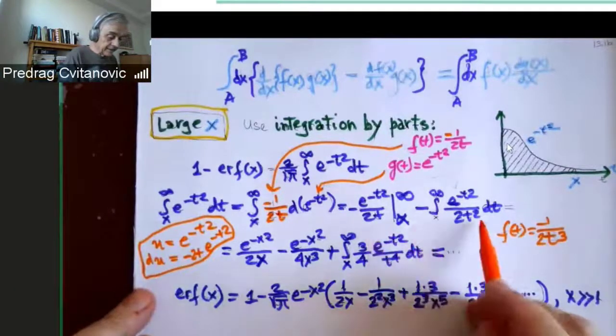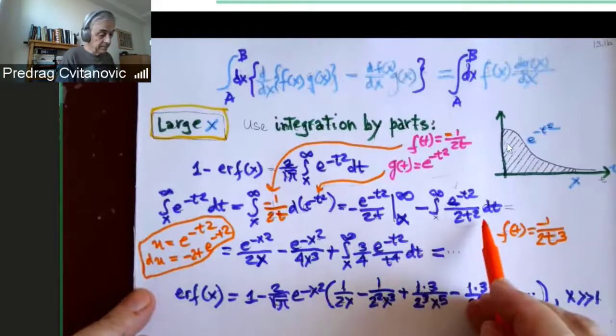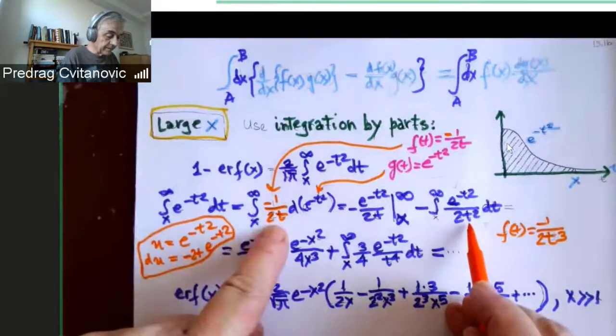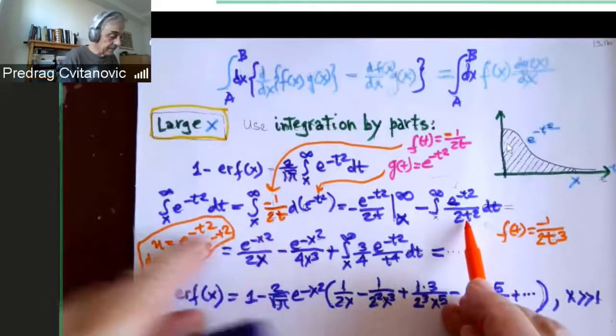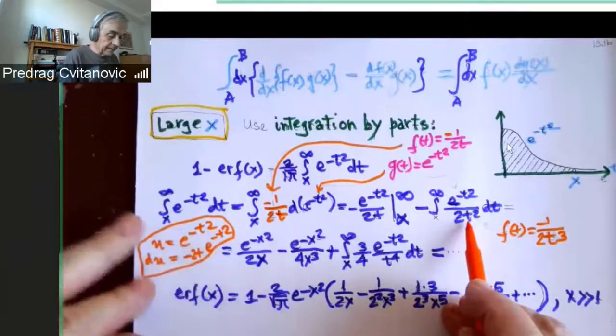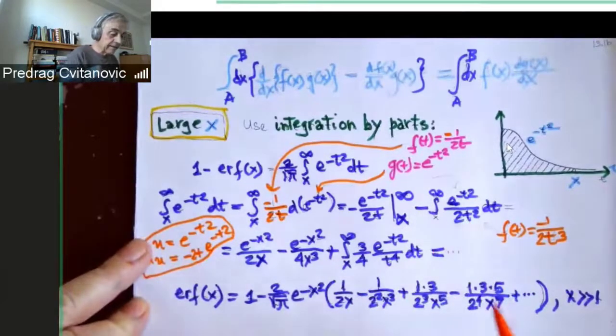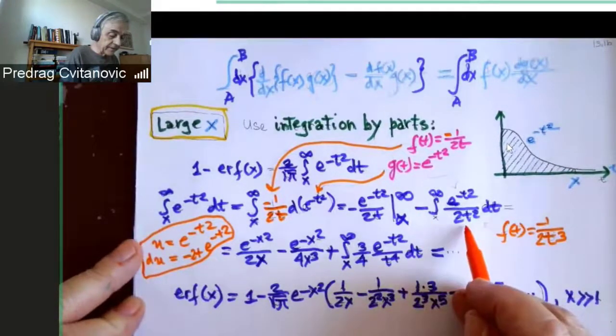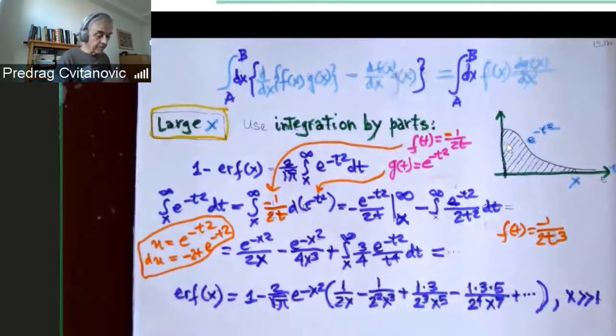That got us to a new integral, which has a different weight. So it has this weight in here. Now to make it a derivative of something, we write a function, so this is the derivative of that function. And then you just repeat. Once you get 2 iterations, you can do as many as you want.